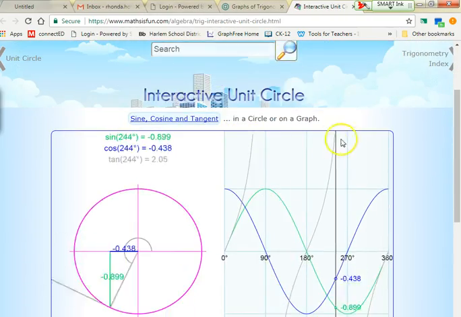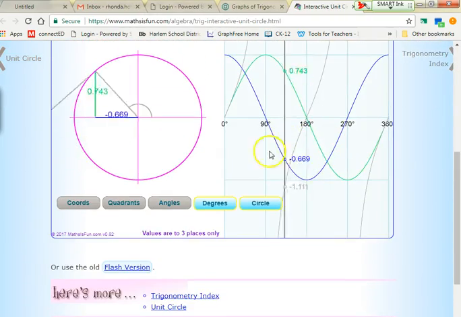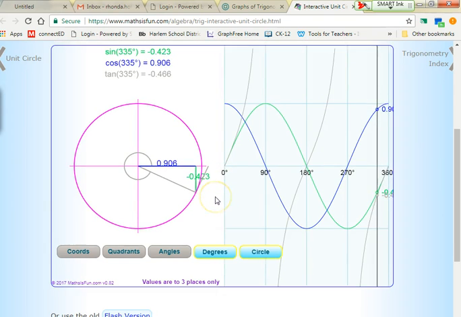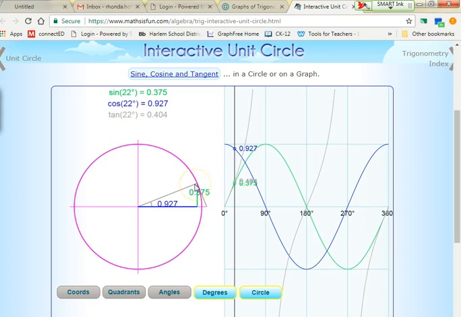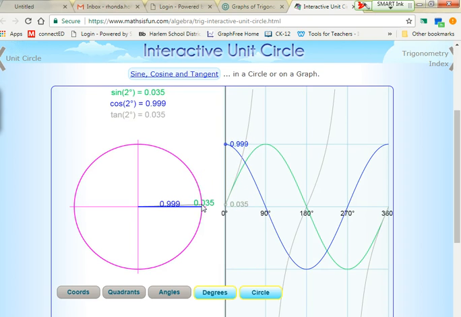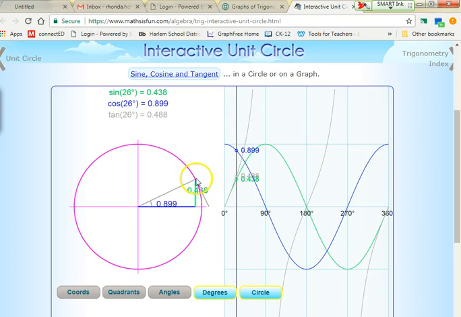One of these has just an animated. Okay, so if we go around, which one's the sine, guys? Sine should be 0 right here, yes? As I rotate around, you see it's making the green line up and down.